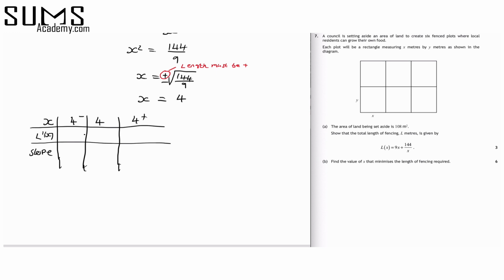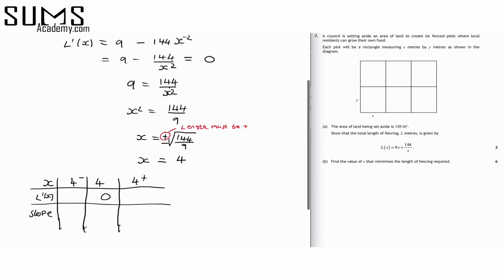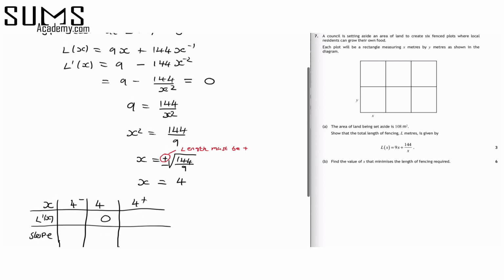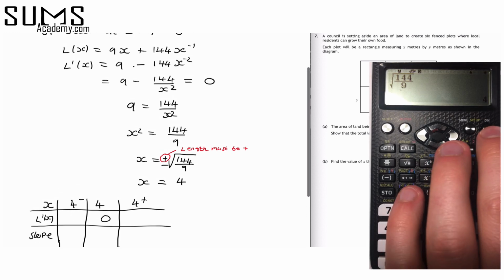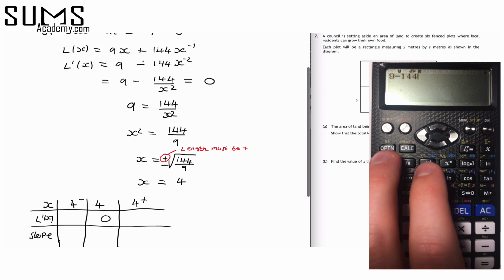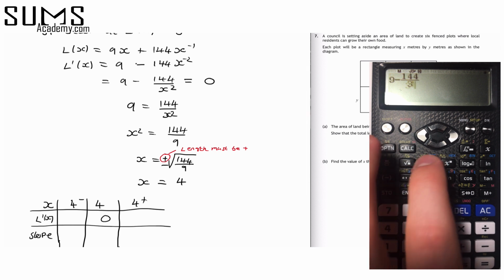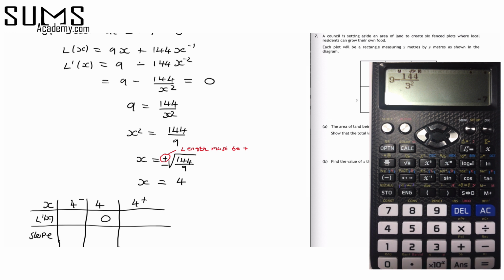So what we're going to do here is put a number smaller than 4 back into the derivative and see what we get. In this expression here, if we do 9 minus 144 all over 3 squared, we're going to get a negative number.